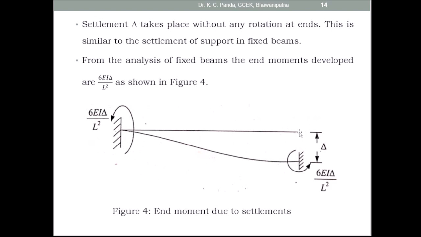If the right hand with respect to the left hand settles in the downward direction by delta, the moment developed at the ends of the member is 6EI delta by L square. It is minus 6EI delta by L square for positive translation displacement. So you have to consider here minus 6EI delta by L square for this downward deflection. So these are the end moments due to the settlement.